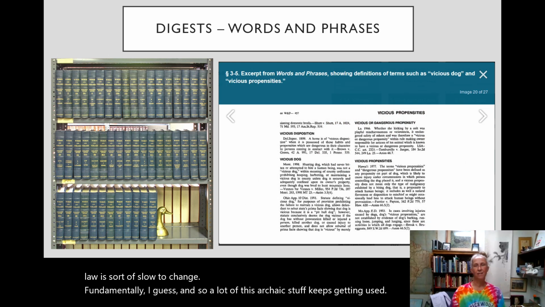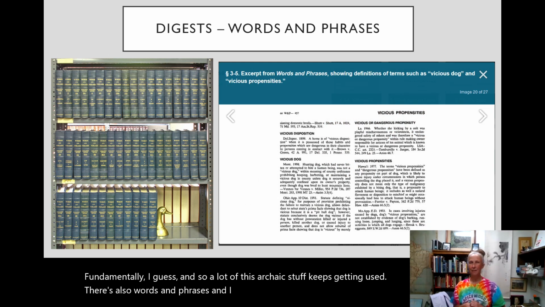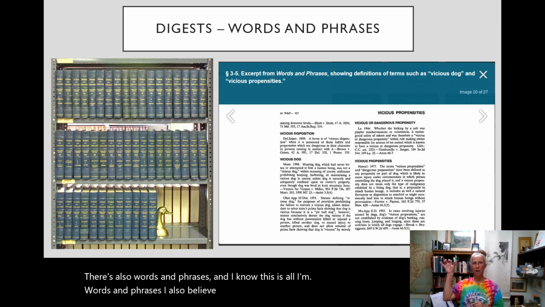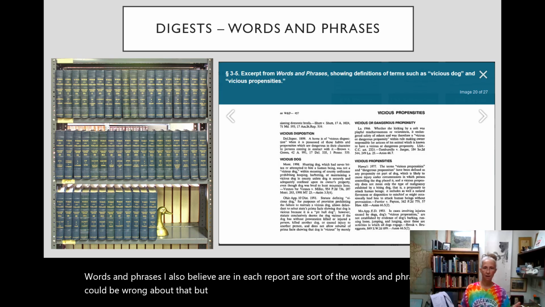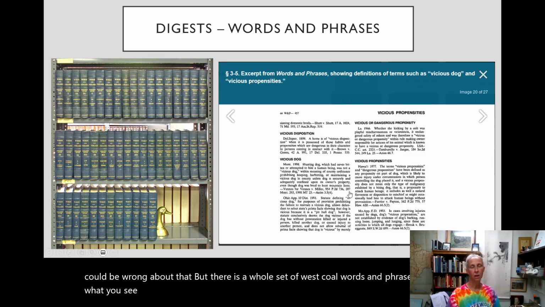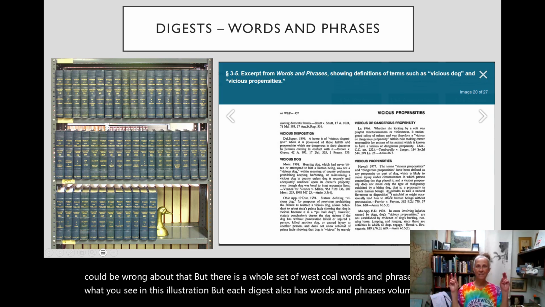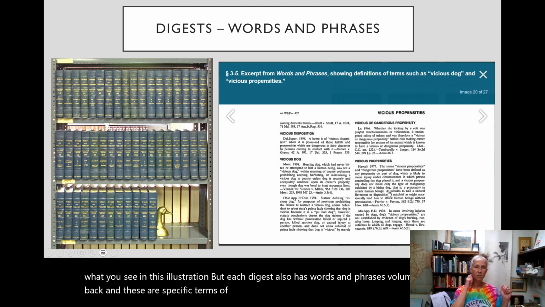There's also words and phrases. I also believe they are in each reporter, but I could be wrong about that. But there is a whole set of West called Words and Phrases, and that's what you see in this illustration. But each digest also has words and phrases volumes at the back. And these are specific terms of art to the law that will be defined in the blurbs that come after it.